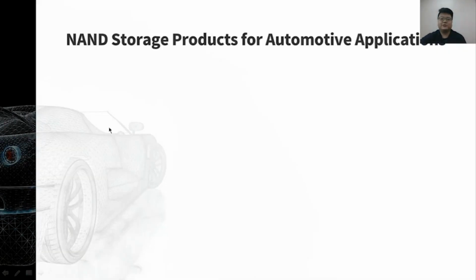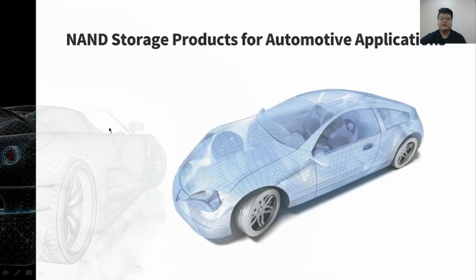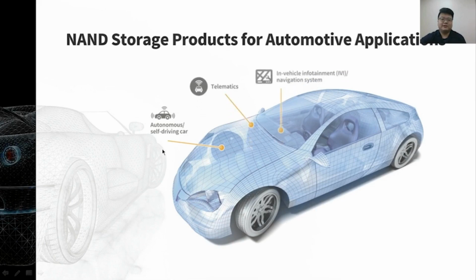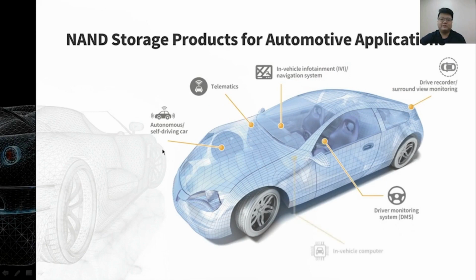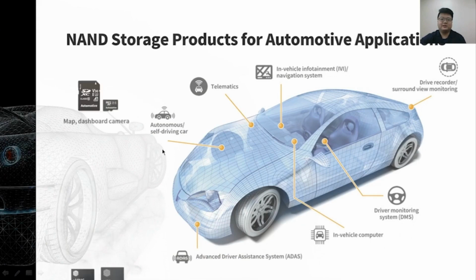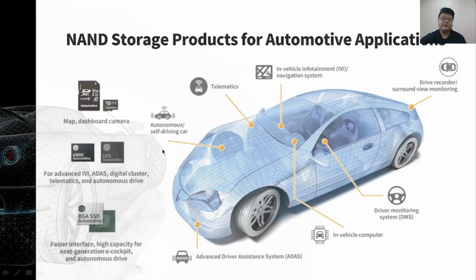Each of the NAND storage technologies has its own job to support various applications in the automobile. For example, the autonomous car, telematics, IVI system, drive recorder, DMS, the in-vehicle computer, and also the ADAS system. So we have various storage to put in the car for each application.